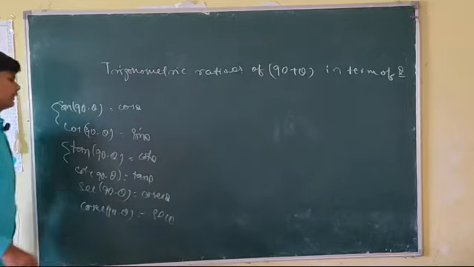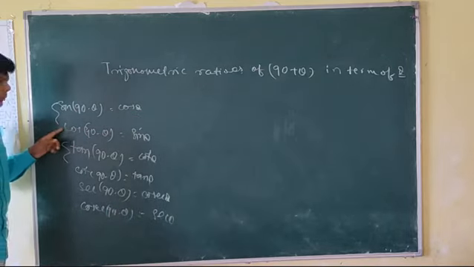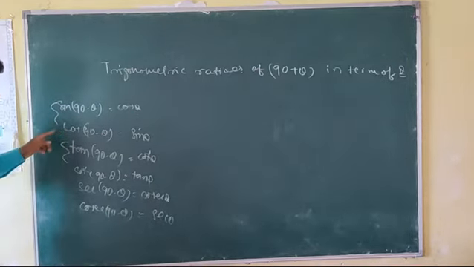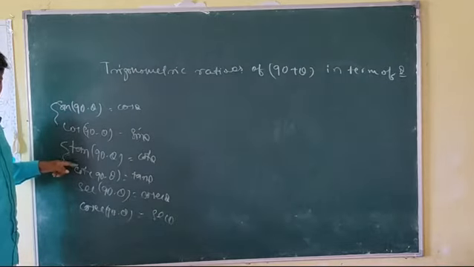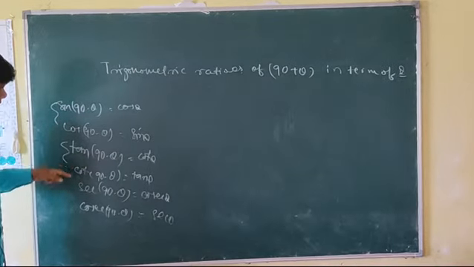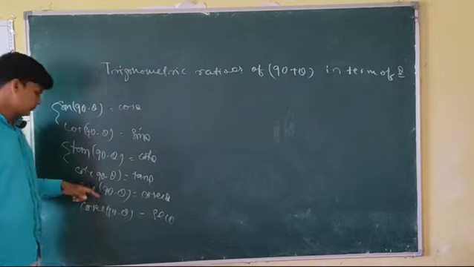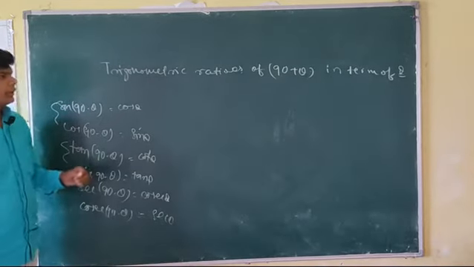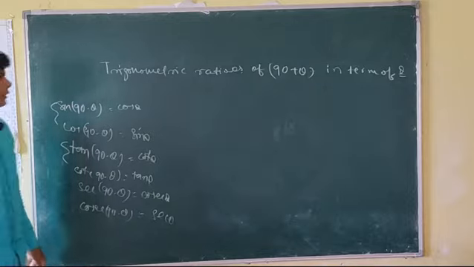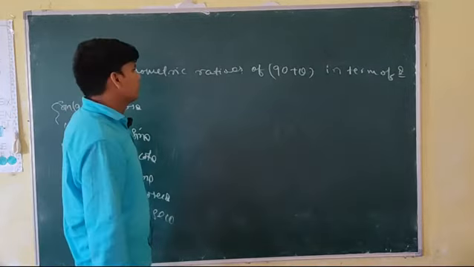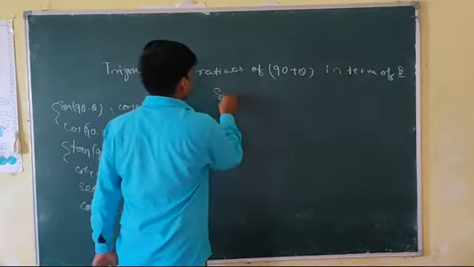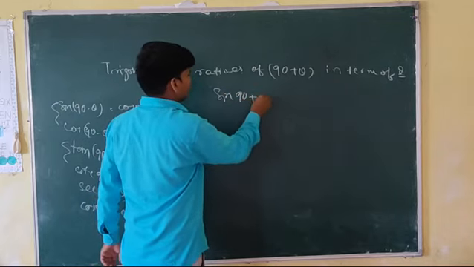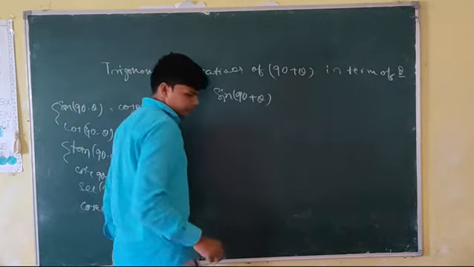Here you can see, these two are complementary to each other. Tan and cot are complementary to each other, and also sec and cosec both are complementary to each other.